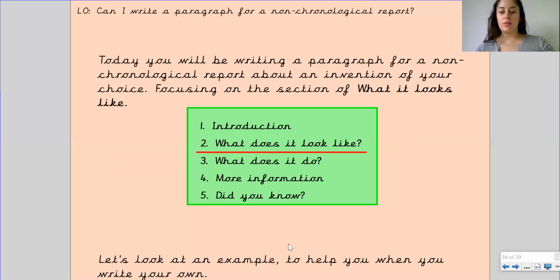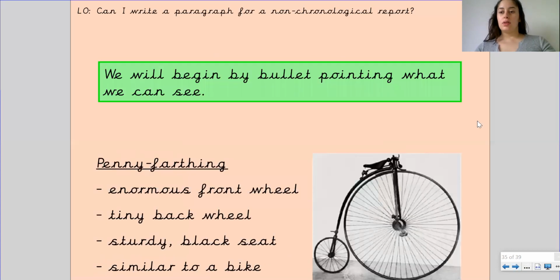Let's look at an example to help you when you write your own. So we have chosen the penny farthing. What we started off with is to just gather some ideas. So it's almost like a plan. We're planning the paragraph that we're going to write about. And if you remember, when you're planning something, you don't necessarily have to write full sentences.